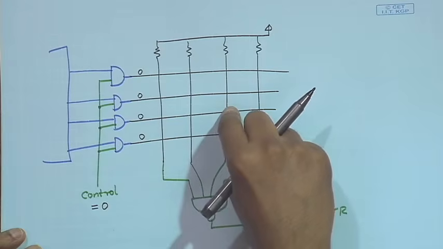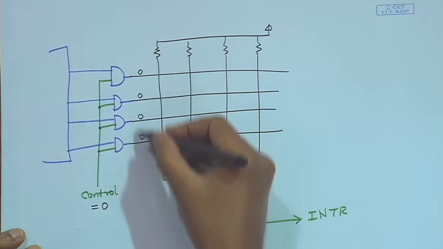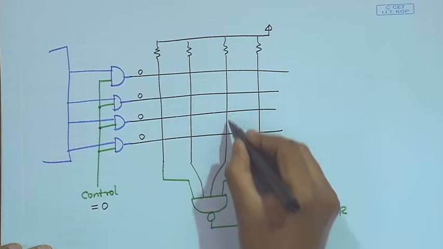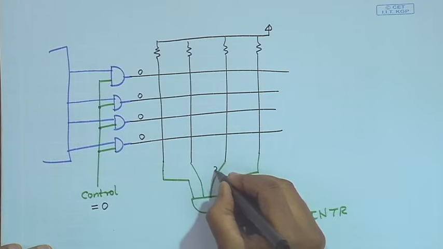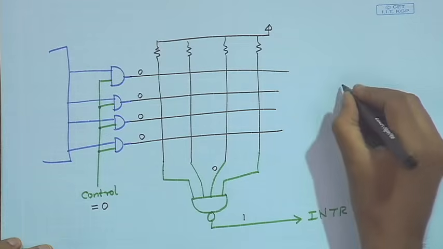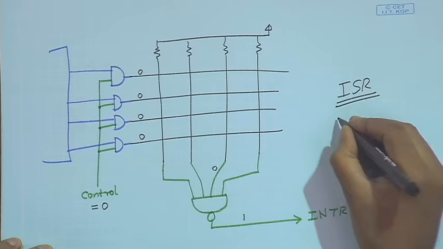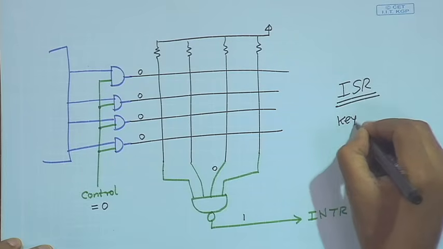But if any key is pressed, because you are applying all 0 by default, that particular bit will become 0, and correspondingly the output of the NAND gate will become 1, and an interrupt will be generated. So, the processor will know that there is an interrupt, some key has been pressed. Now, it will jump to the ISR, and inside the ISR that keyboard scanning routine will be there.